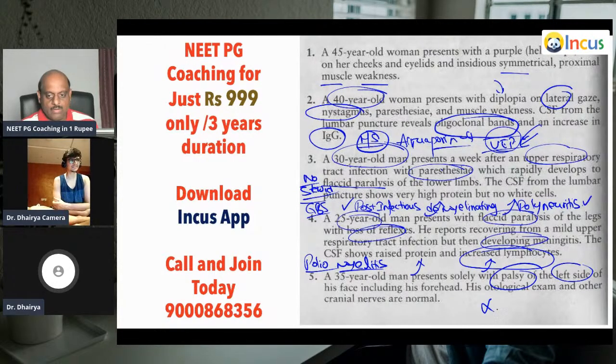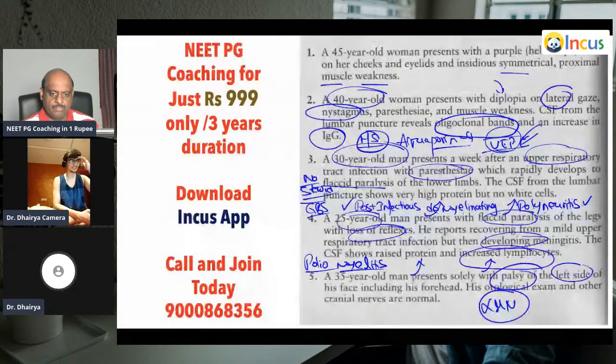Now the difference is that in UMN palsy, because the facial nucleus is centralized, the forehead and the periocular muscles have bilateral innervation, whereas the lower facial muscles have unilateral innervation. So when the patient has an LMN kind of palsy, the whole half of the face is gone, whereas when the patient has a UMN kind of palsy, the forehead is spared. So this is very classical of facial paralysis.